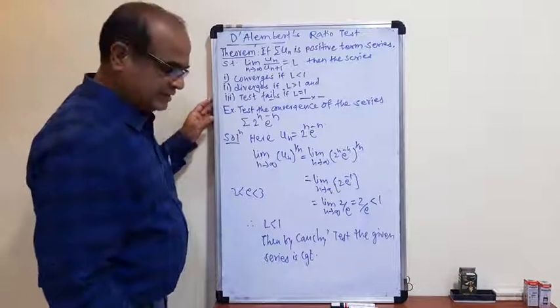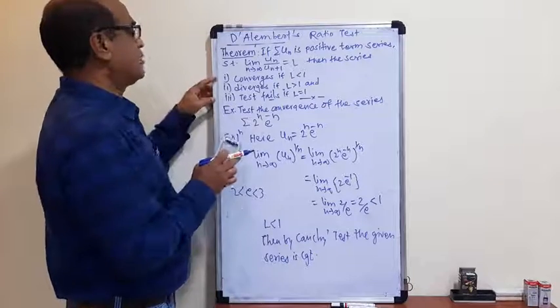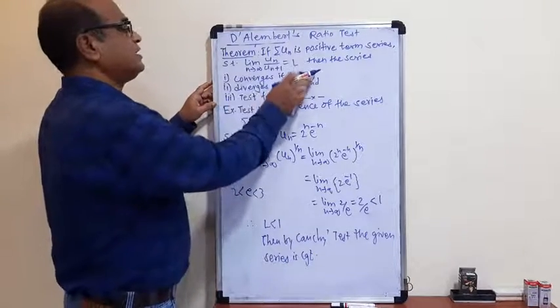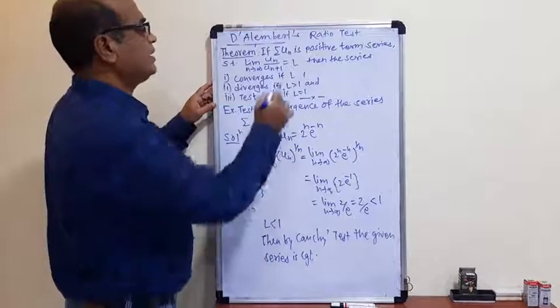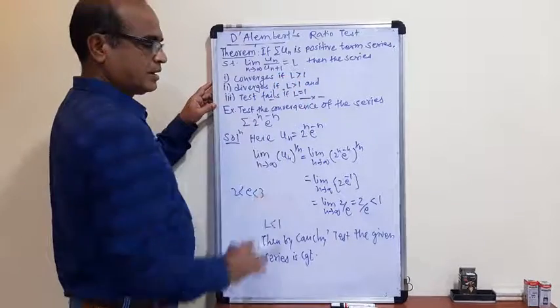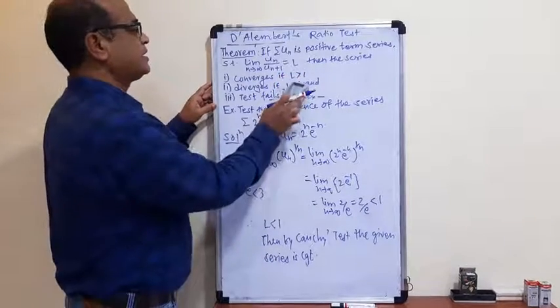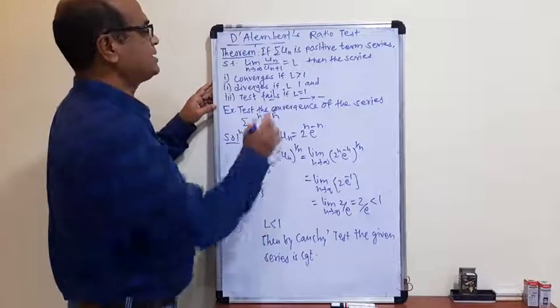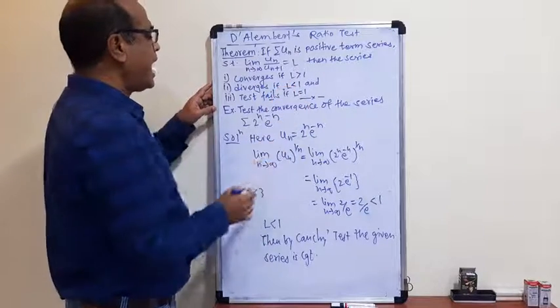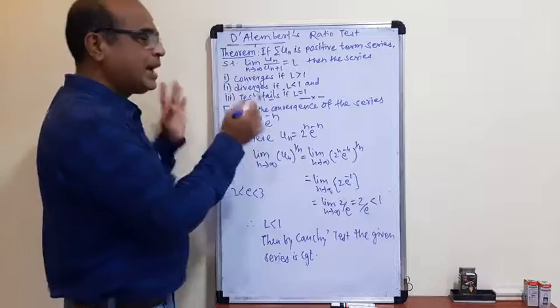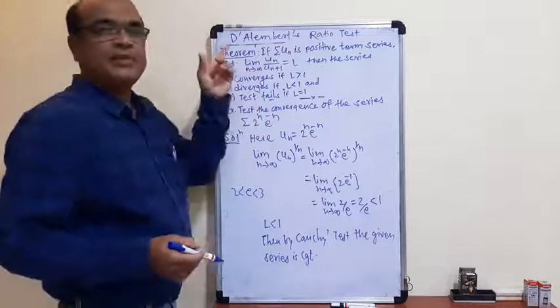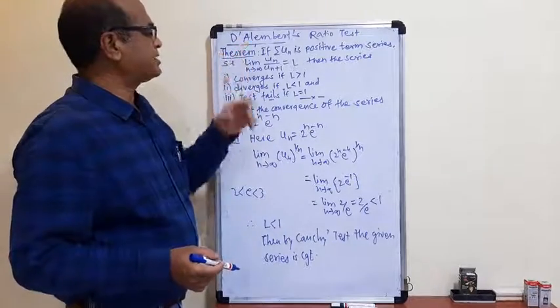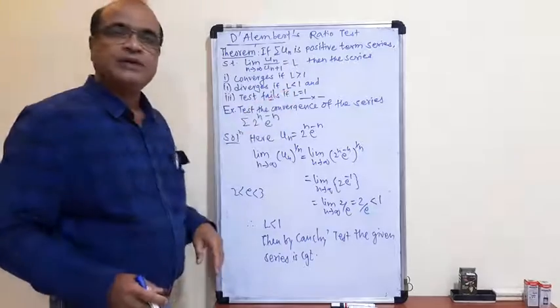Then the series converges if L is greater than 1, diverges if L is less than 1, and the test fails if L is equal to 1.